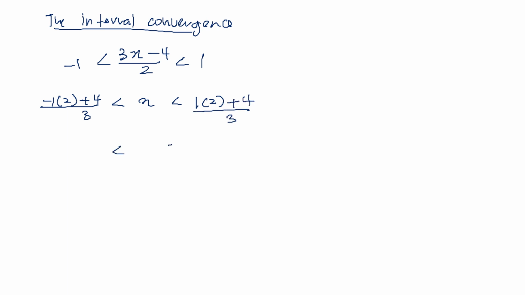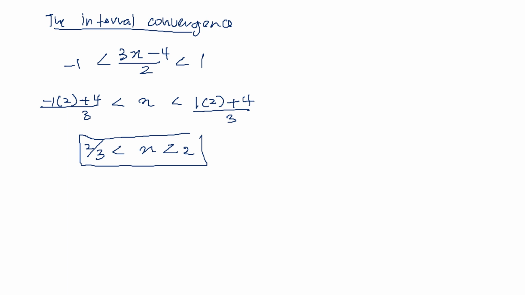So this one is negative 2 plus 4 divided by 3, you will get 2 over 3 here. And then this one, 2 plus 4 is 6, divided by 3, you get 2. Okay, so this one is your interval of convergence.